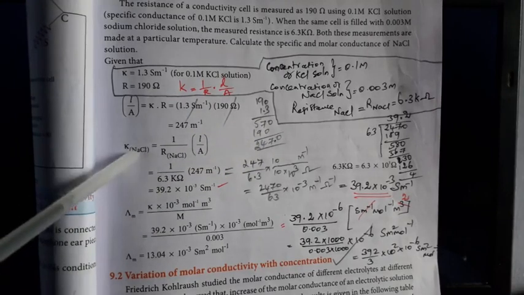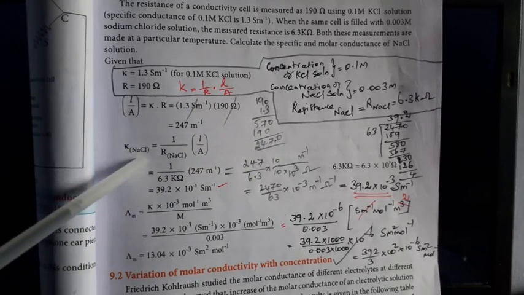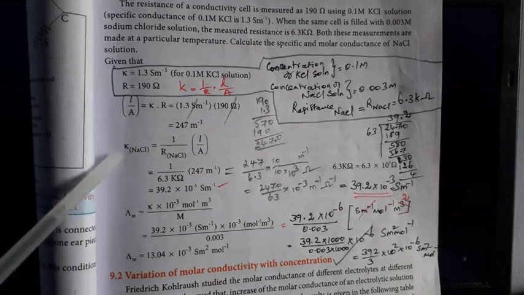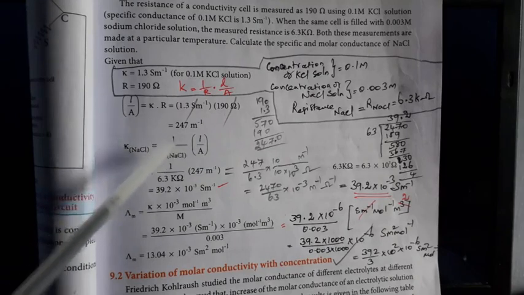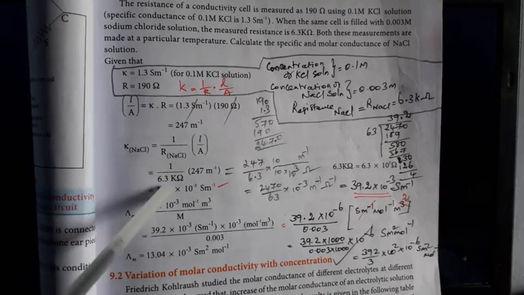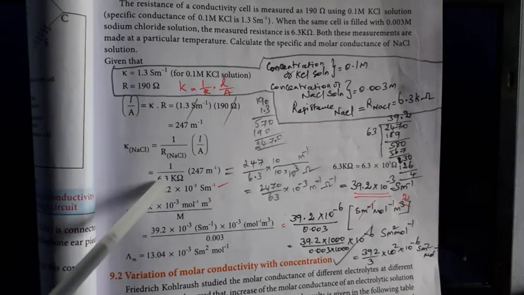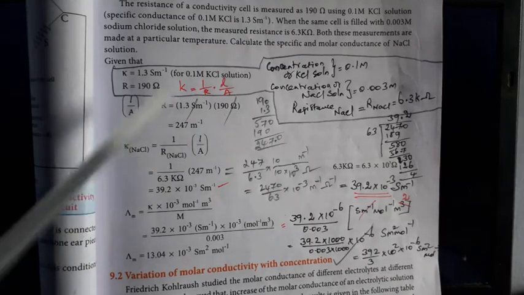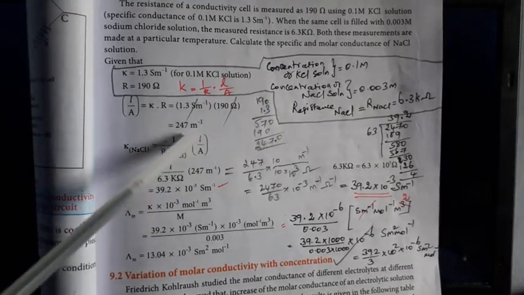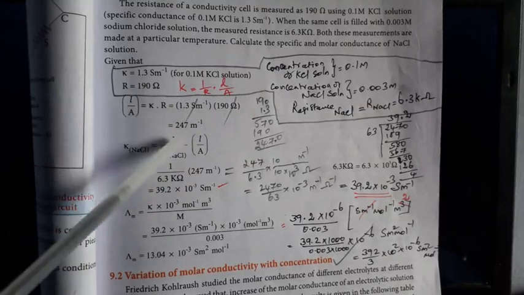Next, kappa value for NaCl, the specific conductance we want. This is the formula: 1 by R of NaCl into L by A. Therefore, 1 by 6.3 kilo ohm, the resistance value of the sodium chloride already given, into L by A already found out, 247.